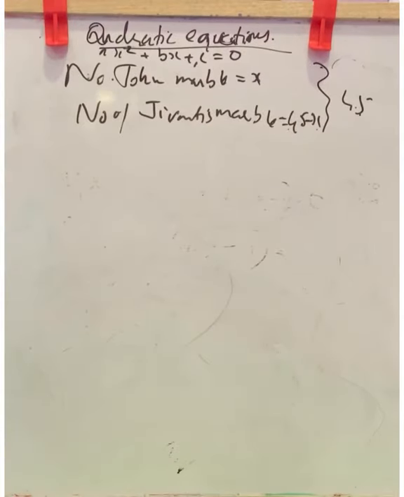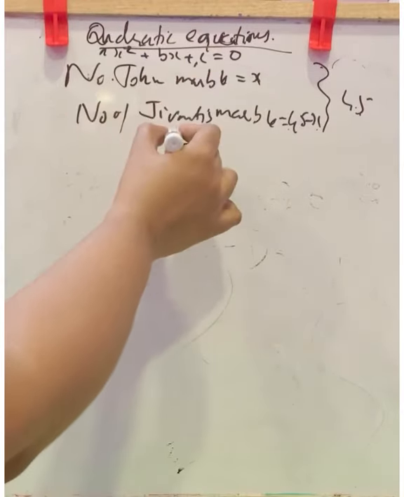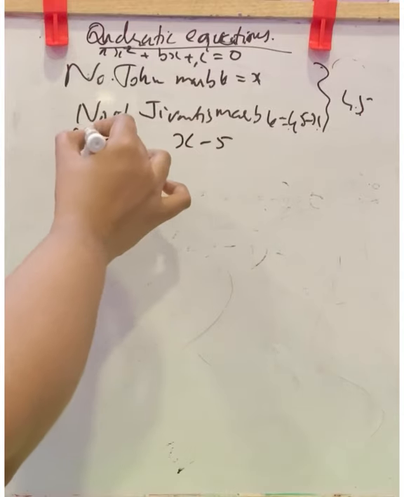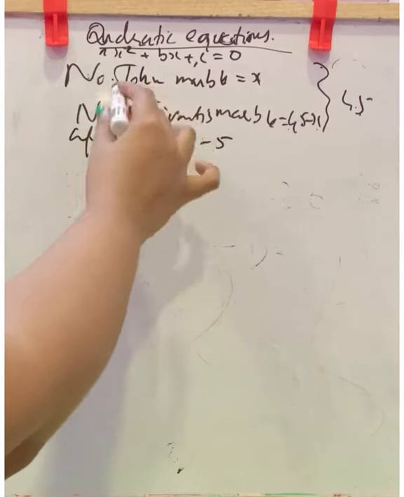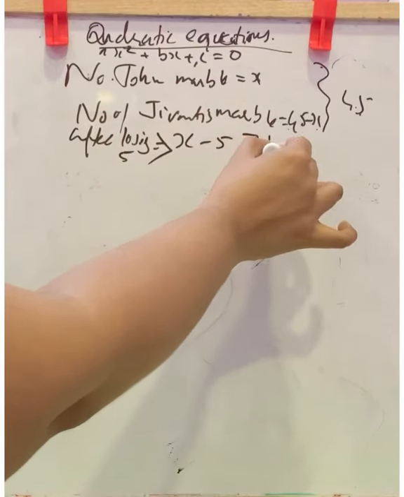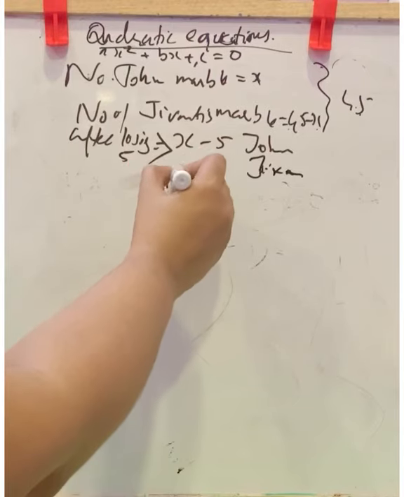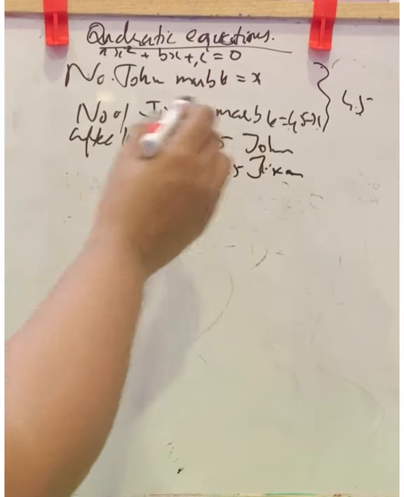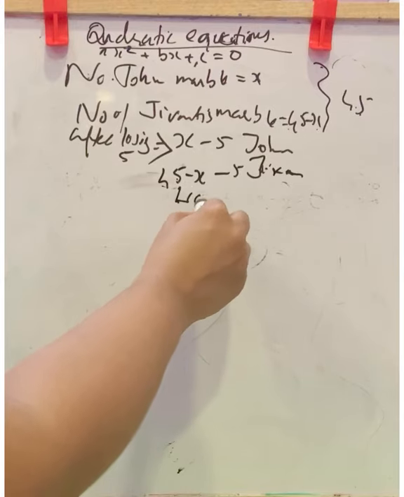Now these are the number of marbles. After losing 5 marbles, this becomes x minus 5. After losing 5, John's becomes x minus 5 and Jivanti's becomes 45 minus x minus 5. That is 45 minus 5 is 40 minus x.